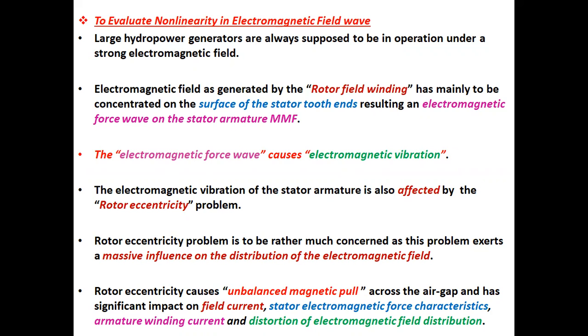Rotor eccentricity causes unbalanced magnetic pull across the air gap and has significant impact on field current, stator electromagnetic force characteristics, armature winding current, and distortion of electromagnetic field distribution.